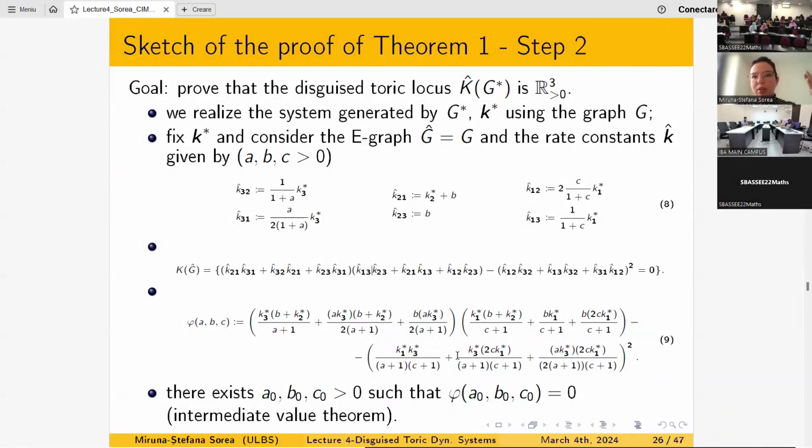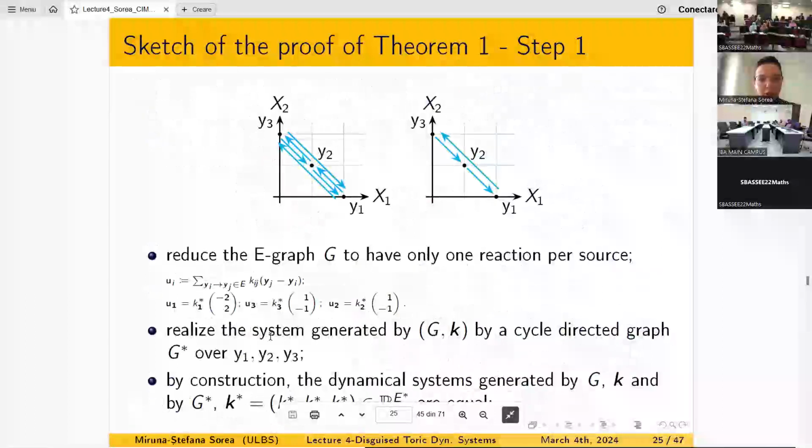And this holds for any rates. So, since G star was also dynamically equivalent to G and K, the disguised toric locus is the whole parameter space. Essentially, we started with G, used G star first by taking one reaction per source, and found a dynamical equivalence. Then it was not enough; the new G star didn't help us yet.